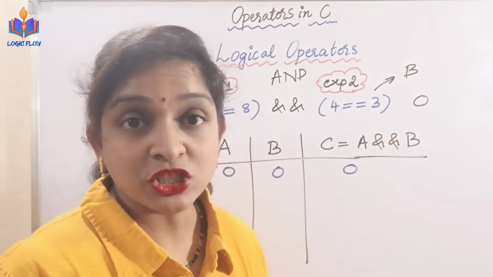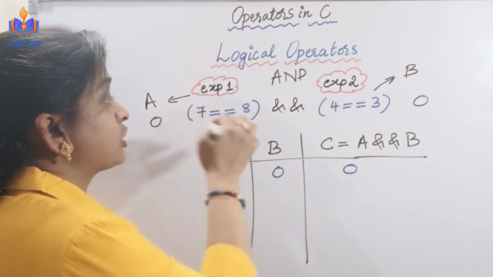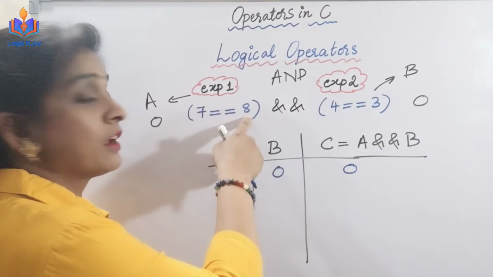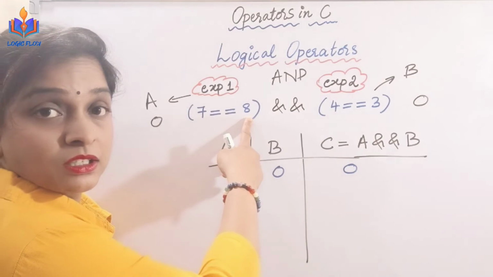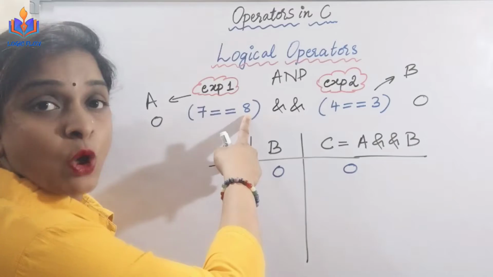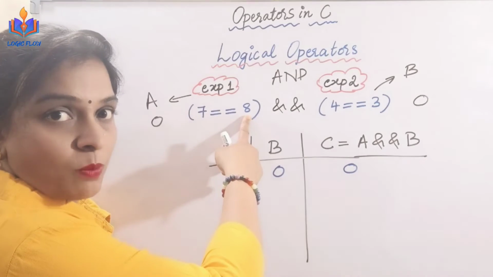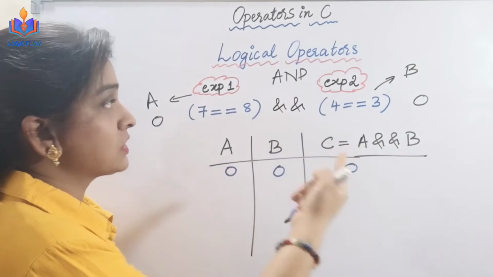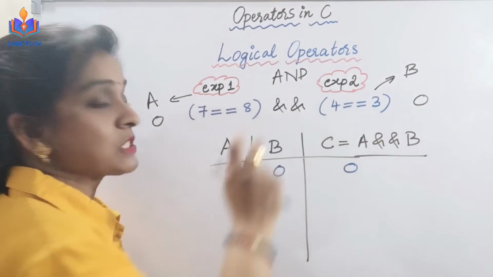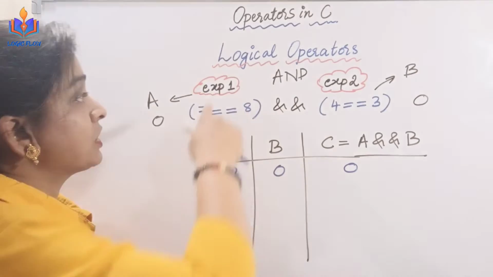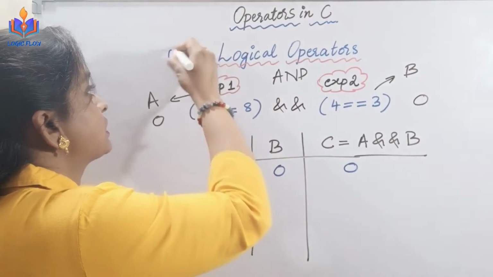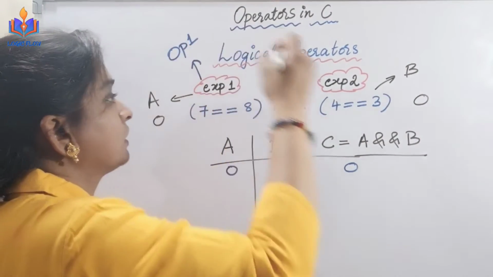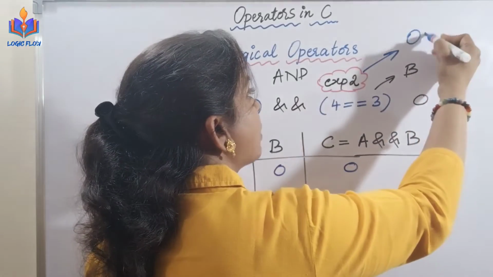When I talk about the relational operators, they work on 2 or more variables. So variables are acting as operands in relational operations, whereas in logical operations, expressions are acting as operands. So here expression 1 is operand 1 and expression 2 is operand 2.